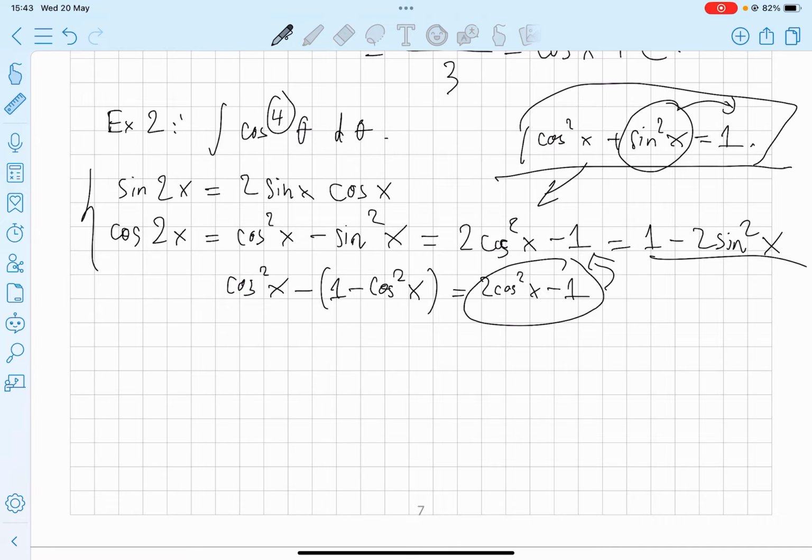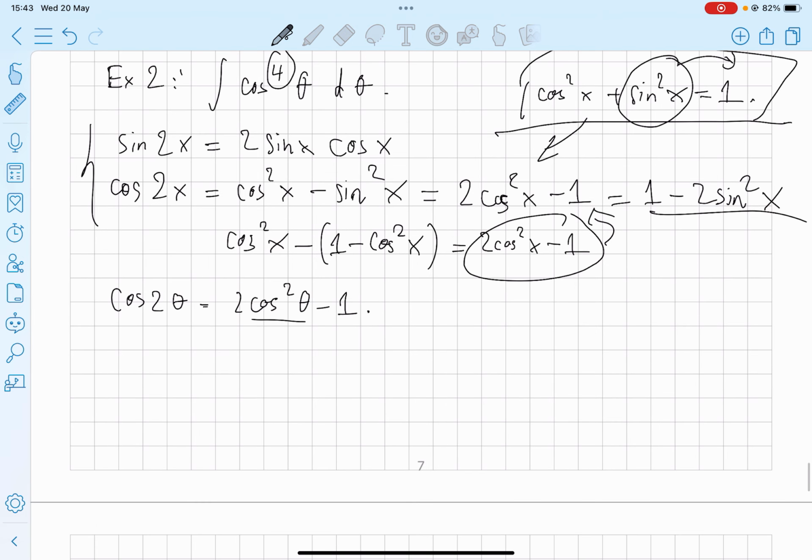So you have cosine of 2 theta equal to 2 cosine square theta minus 1, right? And then you will isolate cosine square of theta on one side, and the other side will be about cosine of 2 theta. So let's do some basic algebra here.